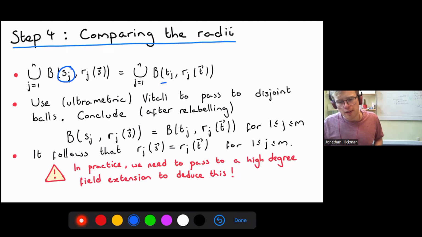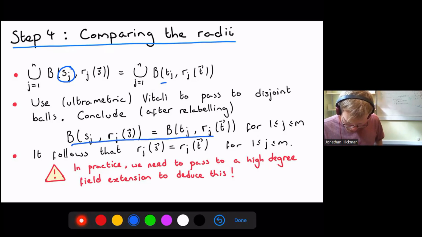And once you do this, it's quite clear that the number of maximal balls for the SJs is equal to the number of maximal balls for the TJs, and moreover, we can identify the maximal balls of the SJs with the maximal balls of the TJs. Okay. So after relabeling, we can identify these balls as highlighted here.